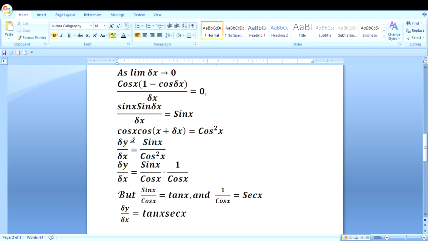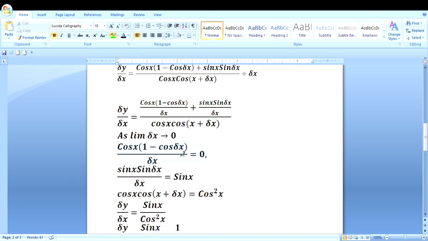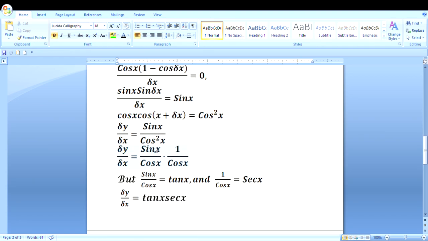So dy by dx is equal to sin x divided by cos squared x, because the whole numerator is now left with only sin x, and the denominator is cos squared x. But we can also simplify this by saying this is sin x over cos x times 1 over cos x. We know that sin x over cos x is equal to tan x, while 1 over cos x is sec x.